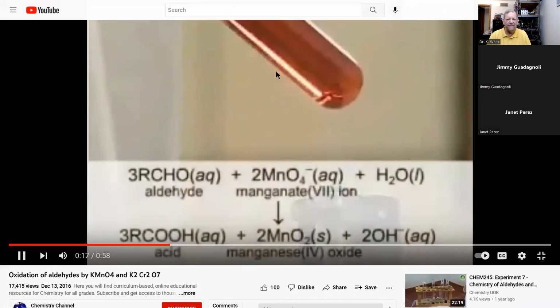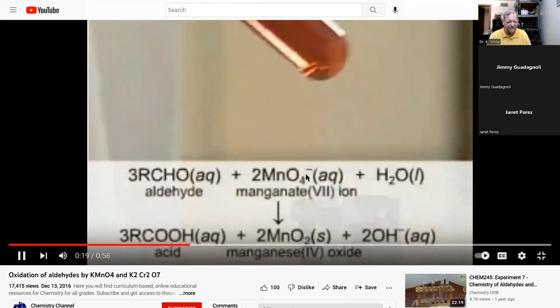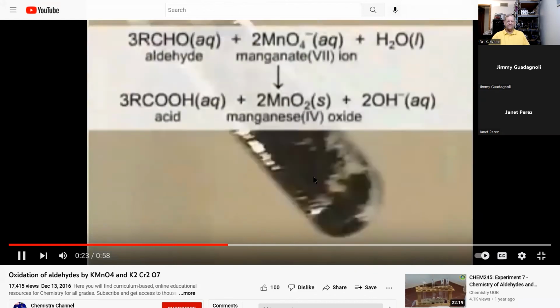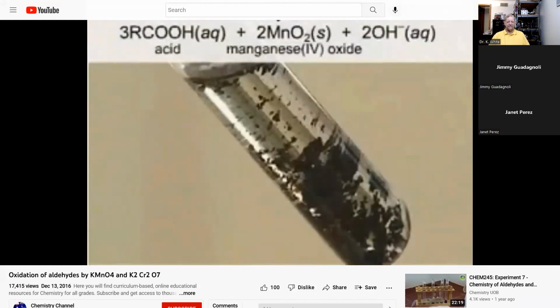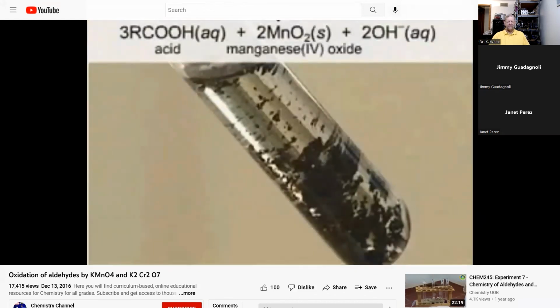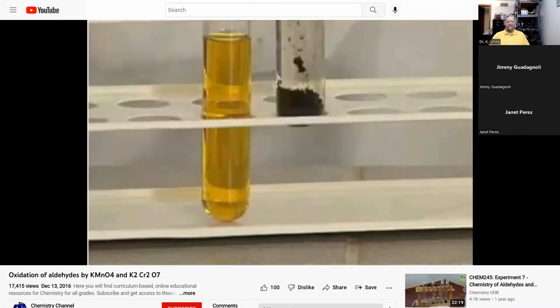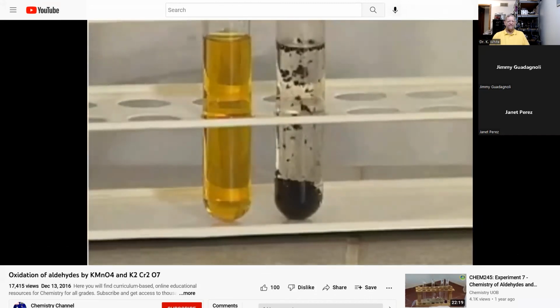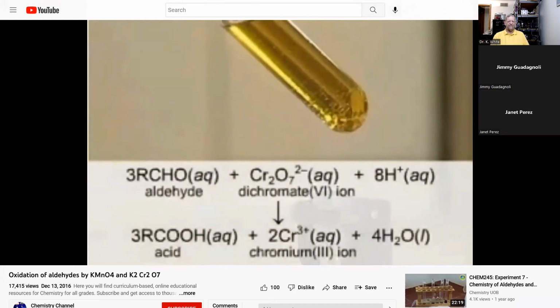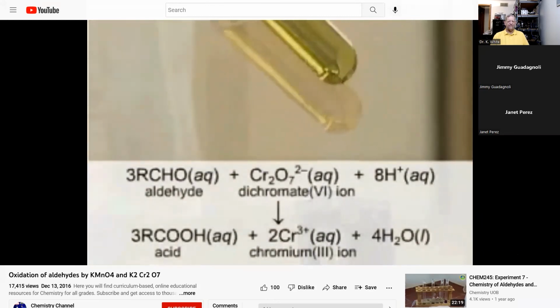Aldehydes are oxidized by potassium manganate 7 to the corresponding acids. As the reaction proceeds, the purple color of manganate 7 ions fades away and a dark brown precipitate of manganese 4 oxide is formed. Aldehydes are also oxidized by potassium dichromate 6 in acidic solution.